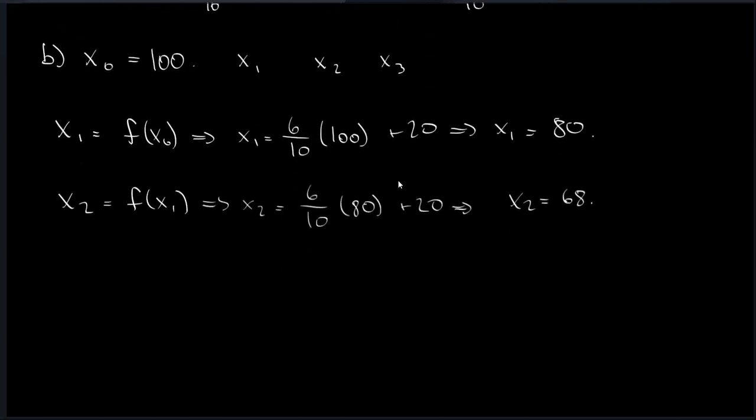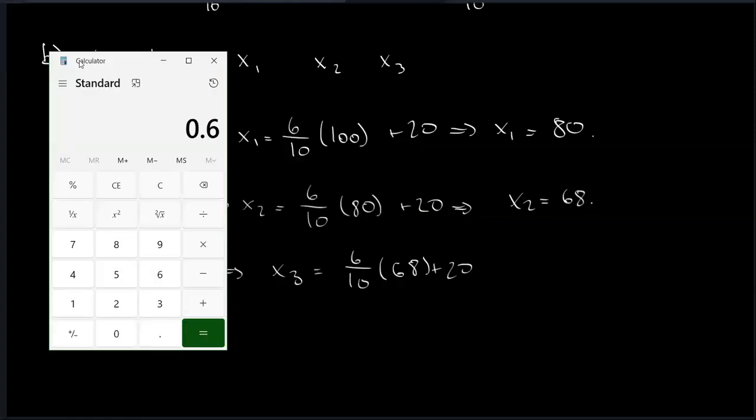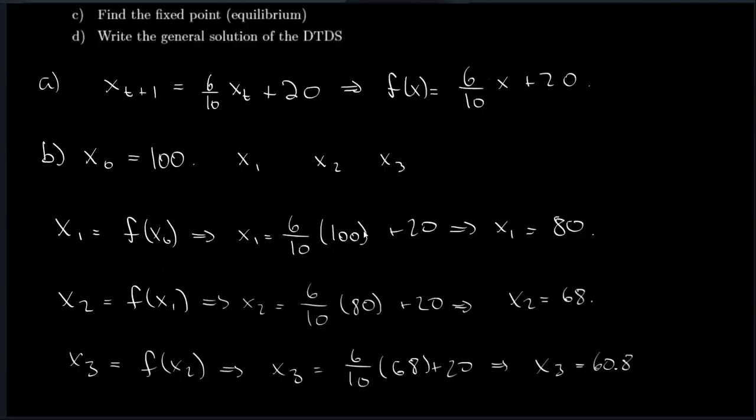After 3 seasons, it's f of X2. So X3 is 6 over 10, so 0.6, times 68 plus 20. It's going to be 60.8 bees. So that is part B.